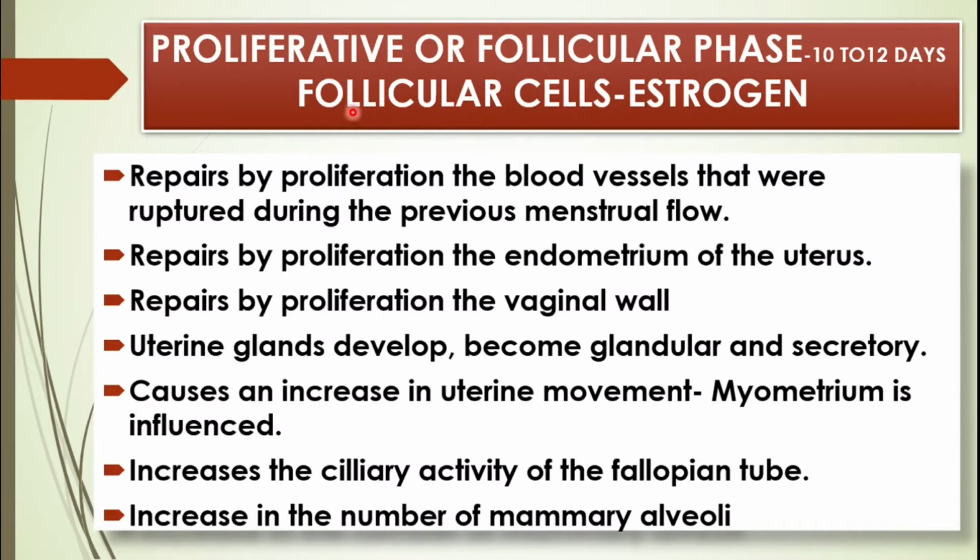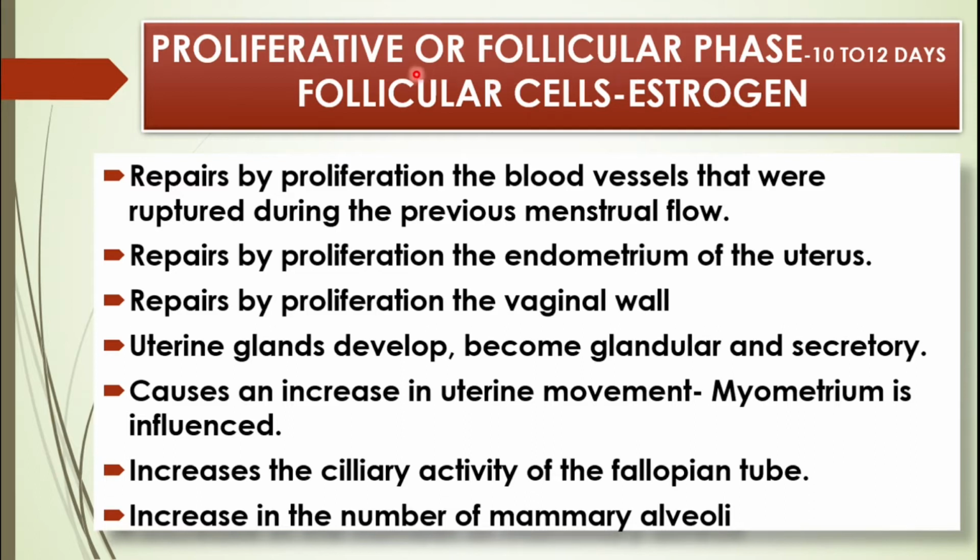Let us see what happens during the proliferative or the follicular phase. Now, during this phase, which lasts for 10 to 12 days, starting from the first day of the menstrual phase, meaning the first day when bleeding is observed, begins the proliferative stage.